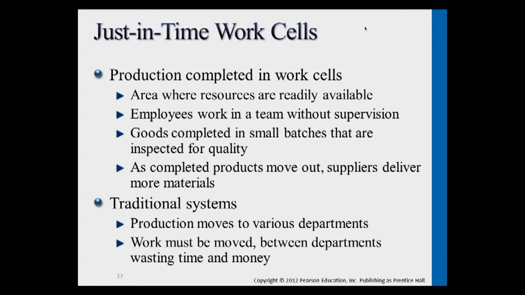From that inventory, I'm transporting whatever I need to my production line, and once I'm done on that production line with a certain component of that product, I'm going to transfer it out to another line, and so on and so forth. Okay, it's not as unified as a work cell. Plus, I do have an inventory, and when it expires, I'm losing, right? So I have to move my work between departments, right? I waste my time, my money, not good.